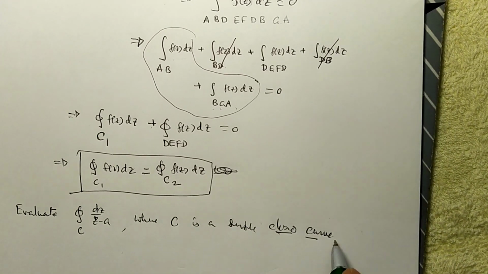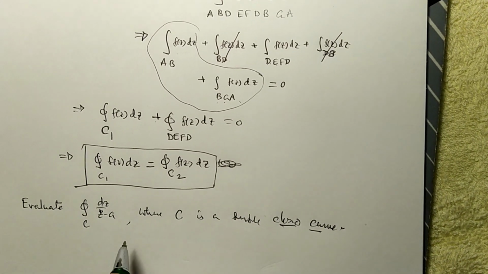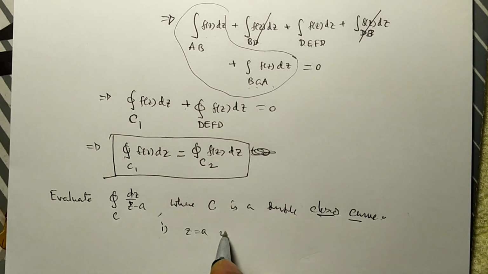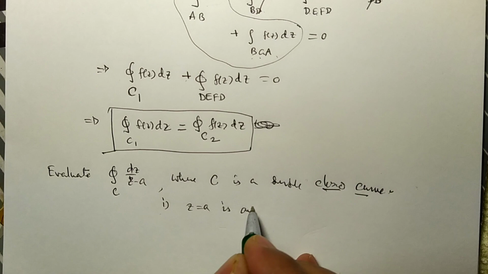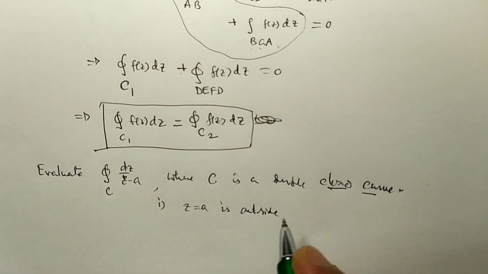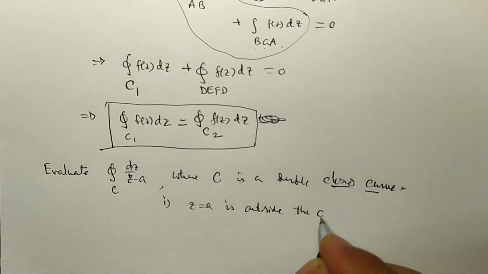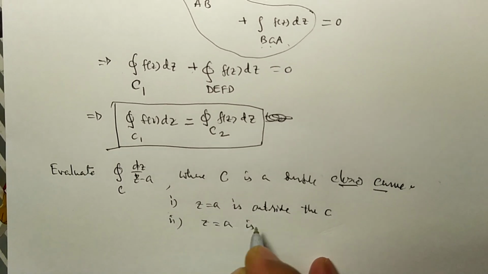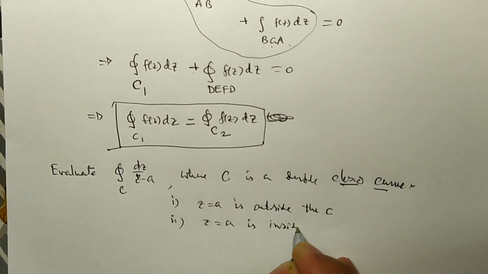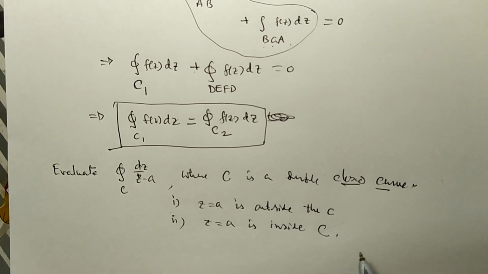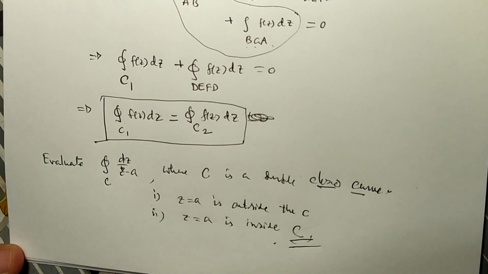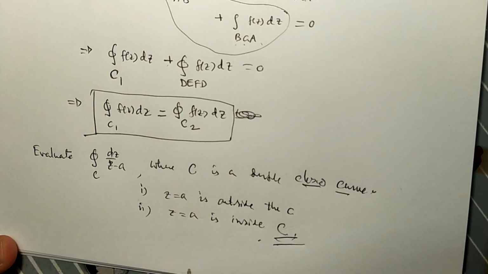Now I am asking you to evaluate this integral for number 1, when z equals a is outside the circle, and number 2, z equals a is inside C. Okay, so these are the two questions I am going to ask you.